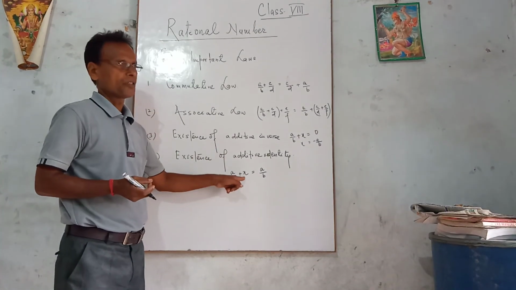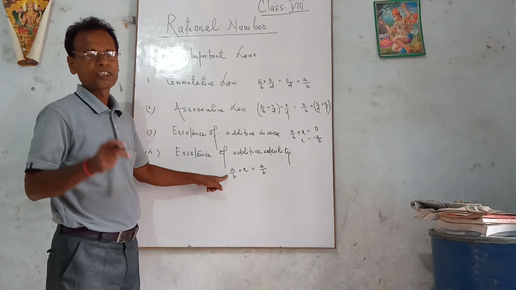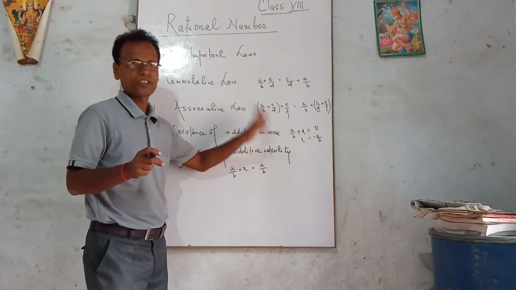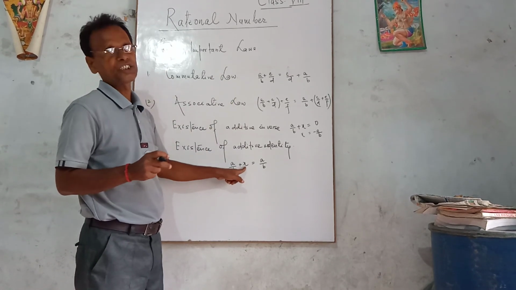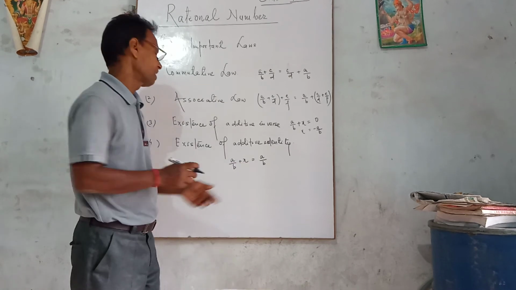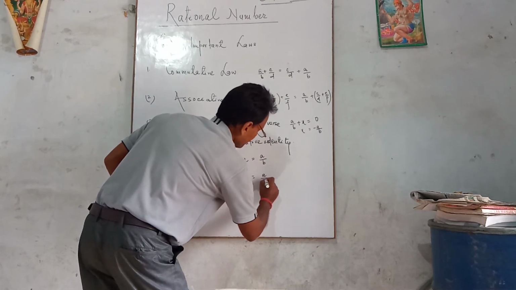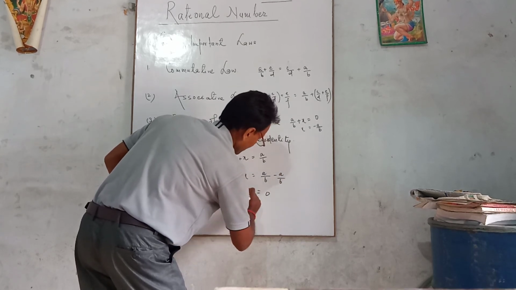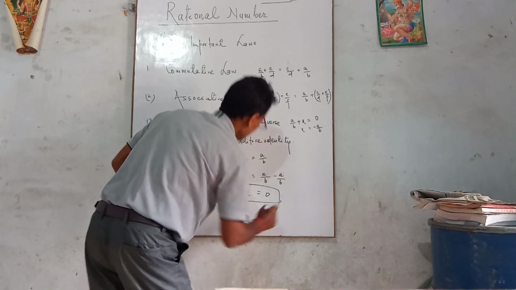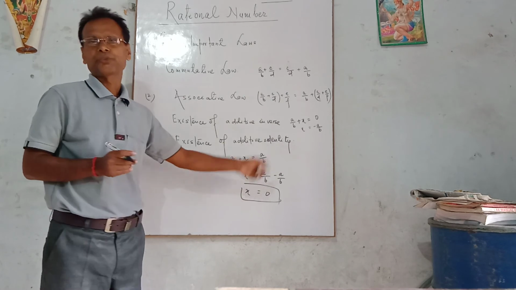The number which, when added to a rational number, gives the same result, is called the additive identity of the given rational number. Now we can write x is equal to a upon b minus a upon b, which is equal to 0. Hence, the additive identity of rational number a upon b will be equal to 0.